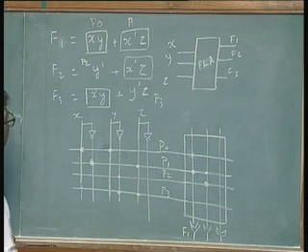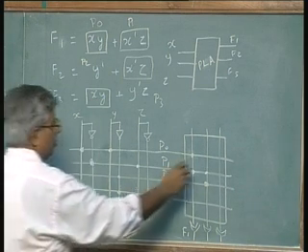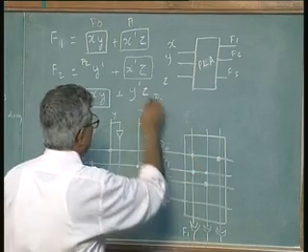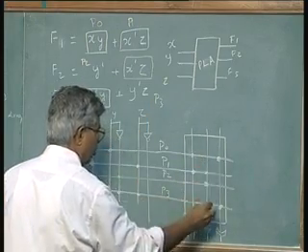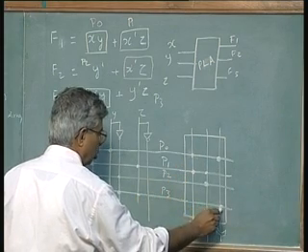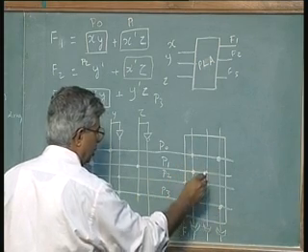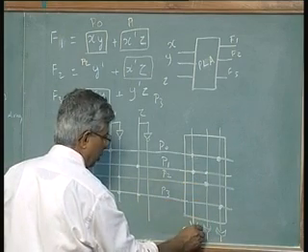F3 would be, this xy is same as P0 and P3. So now this product term is common to 2 of the outputs, and these 2 are single. So this is F1, F2, F3.